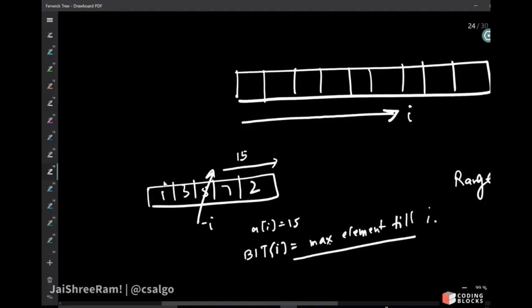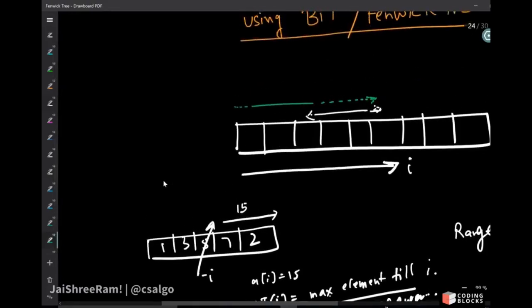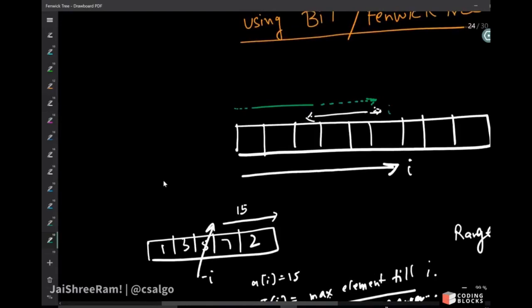Remember, you can use BIT only to do prefix type of queries, right? If you want to find out the maximum element in a range L to R, you cannot do this. Why? Because you cannot find out the maximum element by finding the maximum till index I and removing the maximum element till index j.